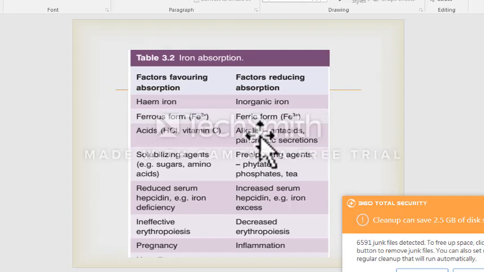Similarly, alkalis and certain precipitating agents like phytates and phosphates, if these are present in the diet in high concentration, also reduce the absorption of iron.